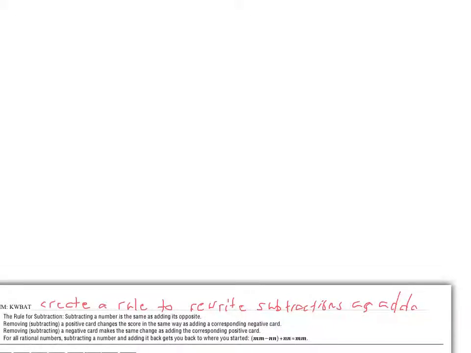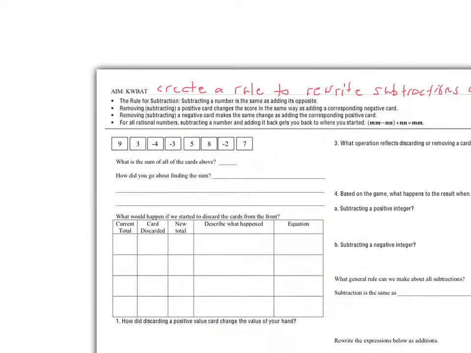So we're going to be talking about looking at ways we can rewrite subtractions as additions, mainly because when we think about working with positive and negative numbers, we're able to easily represent those on a number line, and we're able to easily write the rules, and use the rules to do that work.